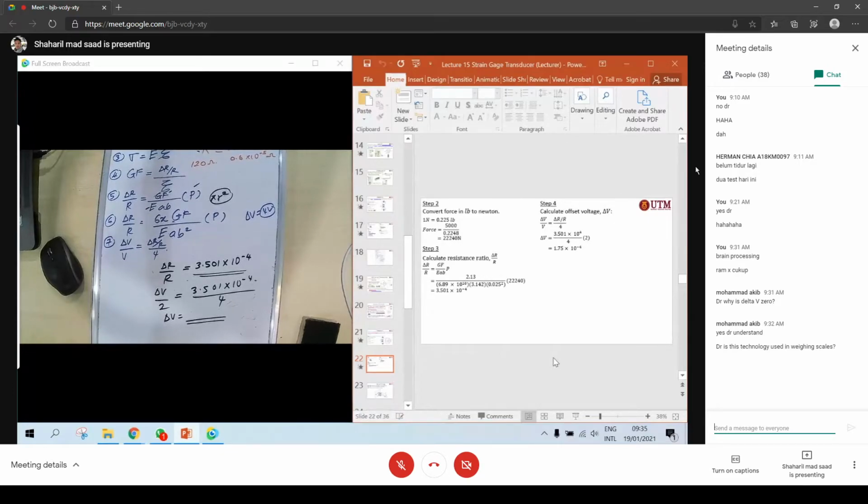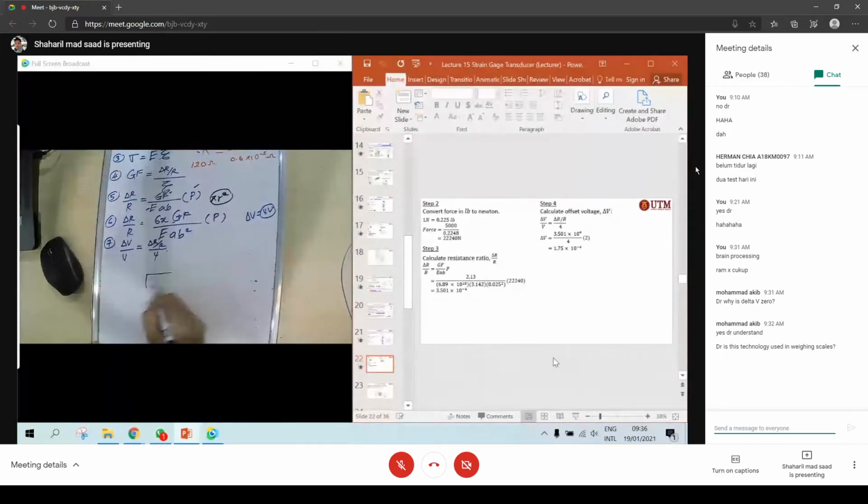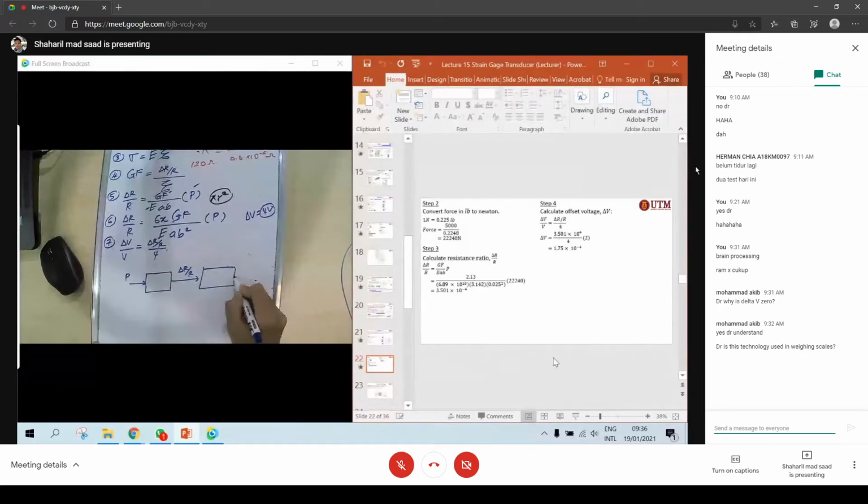So the load cell that I give you for this one: the input is P, the output will be delta R over R, and then delta V. That is the relationship.